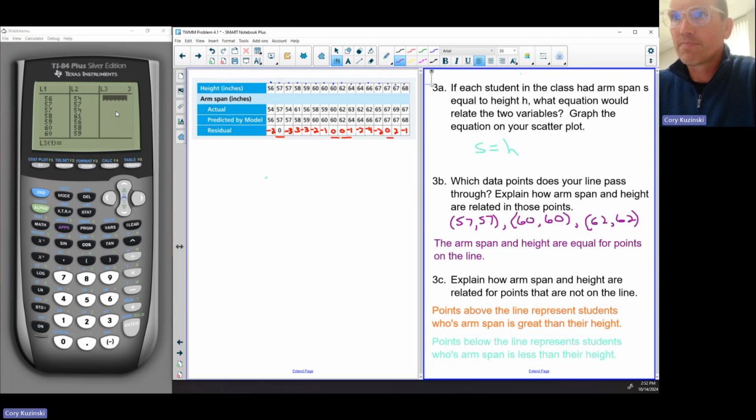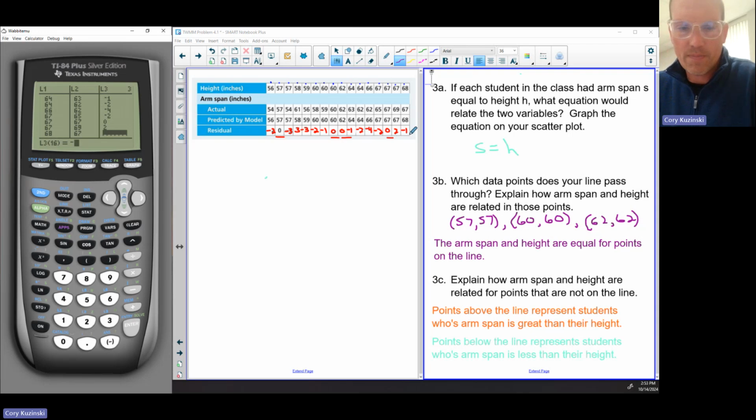Let's go here. Negative 2, there we go. Now 0, negative 3, 3, negative 3, negative 2, negative 1, 0, 0, negative 1, negative 2, negative 4, negative 2, 0, 2.